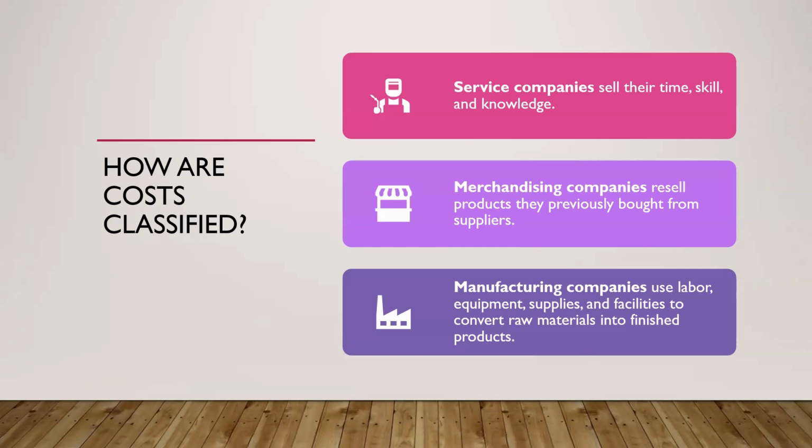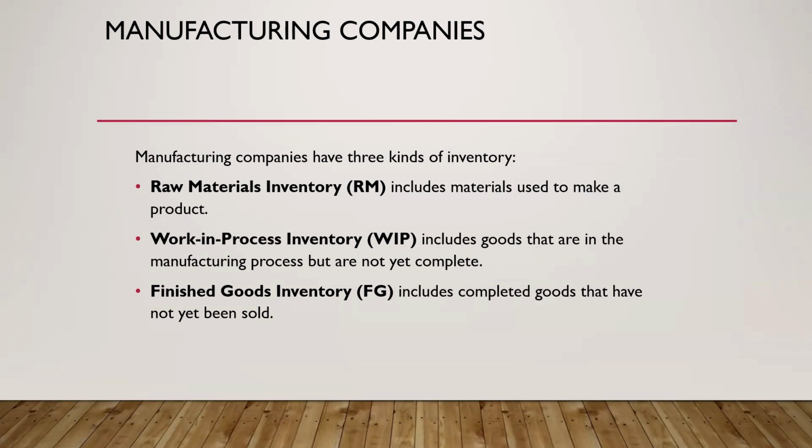A manufacturer produces goods by converting raw materials into a finished product. Manufacturing companies use labor, equipment, supplies, and facilities to convert raw materials into finished products.